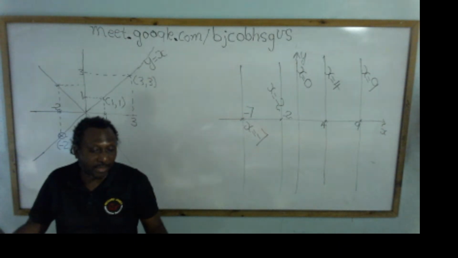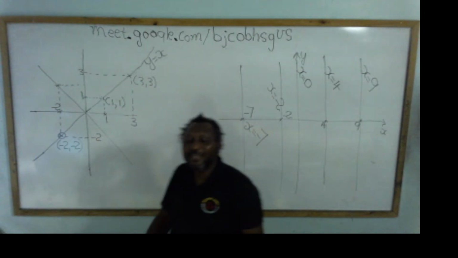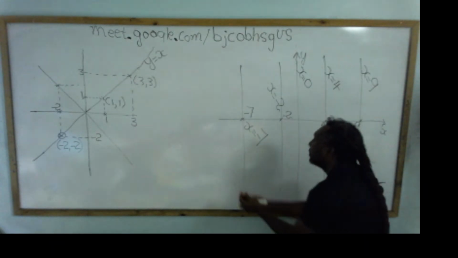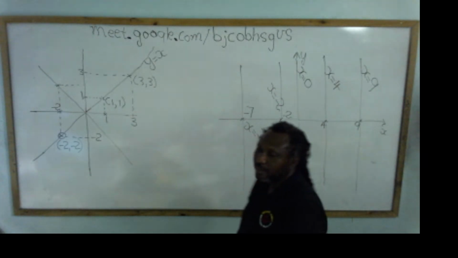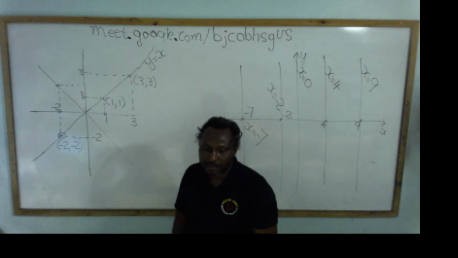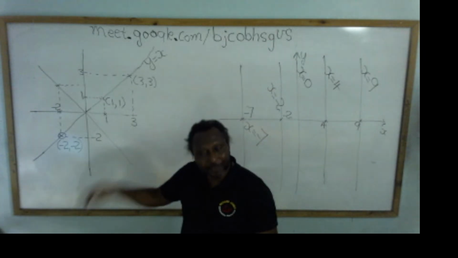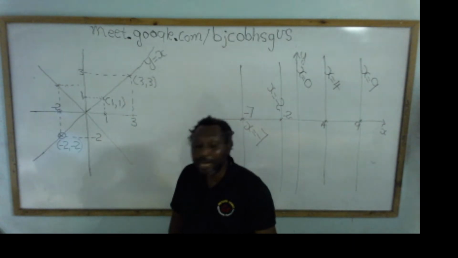If you put x is equal to y, the equation of the line is still correct. If you put x is equal to y, symbolically, it is still correct. But as it pertains to the significance of x and y in a function, then you will have some difficulty right there.